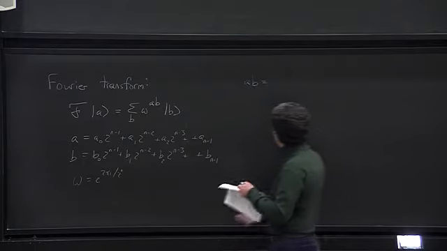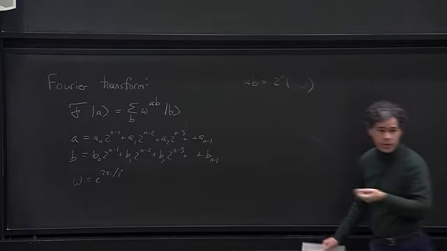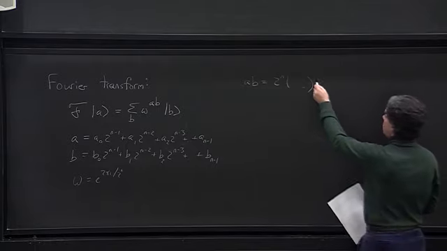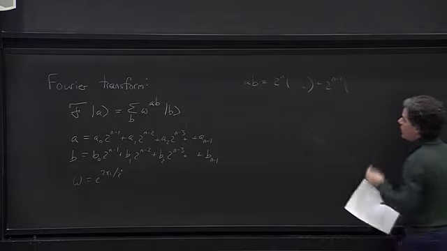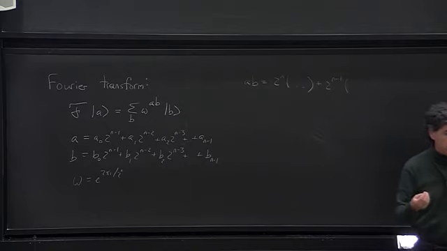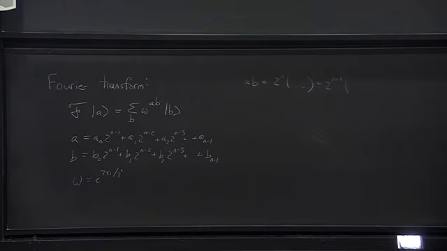Right? So when we take this product, we're going to get 2 to the n times something, but we don't really care what that is. That will not have any effect at all on our state. So let's just ignore that part and focus on the terms that are 2 to the n minus 1 or less. So basically, I'm again taking the binary expansion of a times b, and I want to write it out explicitly in terms of the binary expansion of a and of b, because that's going to be helpful in the next step.